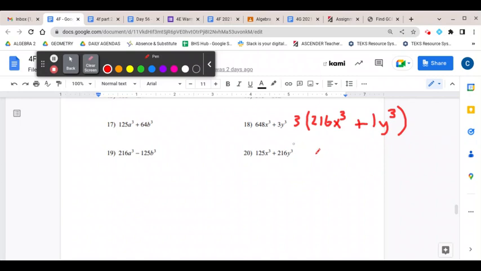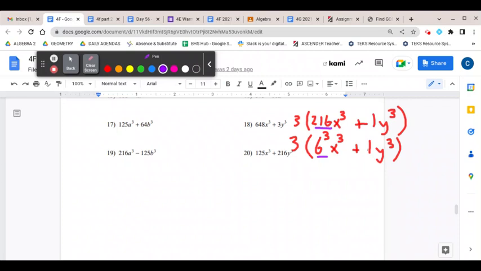Next step, 216 is really 6 cubed. So we can replace the 216. We take the 216 out and just call it 6 cubed. That's what it is.